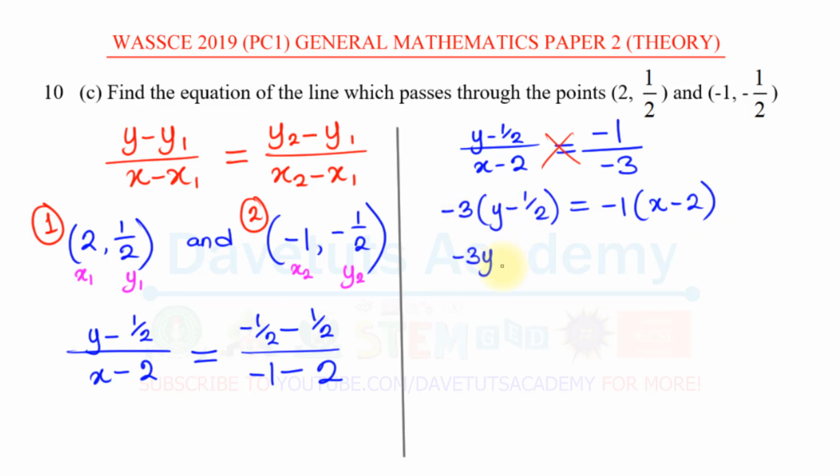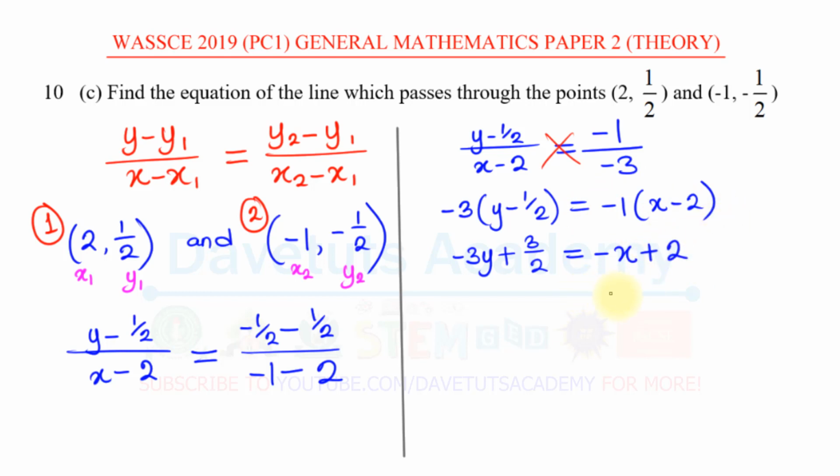Minus times minus will yield plus, so don't make that mistake of putting minus. Then 3 times 1 over 2 will be 3 over 2. And that is equal to minus 1 times x will be minus x. Minus 1 times minus 2, the two negative signs will multiply each other to give us plus 2.